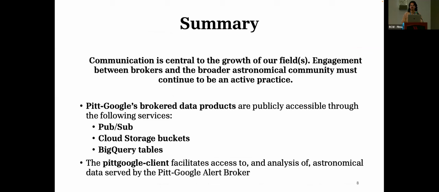But I guess the message that I want to leave with you today is that communication is essential to the growth of our fields. As I mentioned before, many of the modules that have been deployed through the Pitt Google Alert Broker have been a result of conversations I've had with scientists. So if you're interested in exploring specific science cases, please reach out to me.